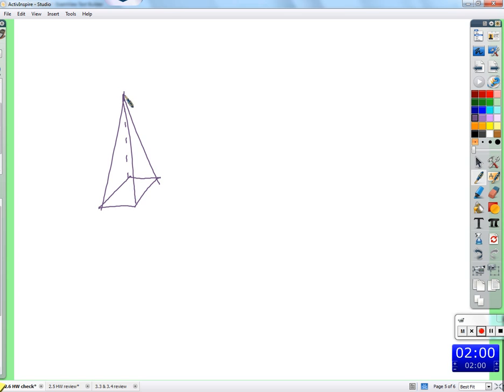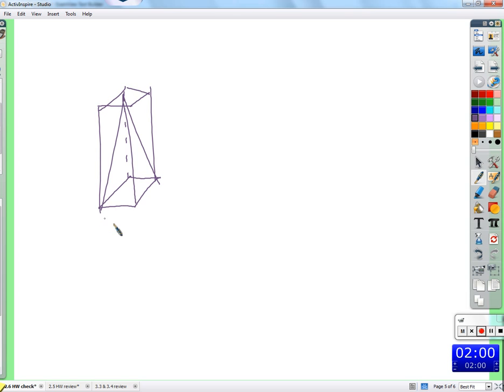If we were to perfectly put a lid on this guy that was the same size, something like this, this pyramid's fitting inside of this box perfectly. The very tippy top of this pyramid is just touching the top of the box.